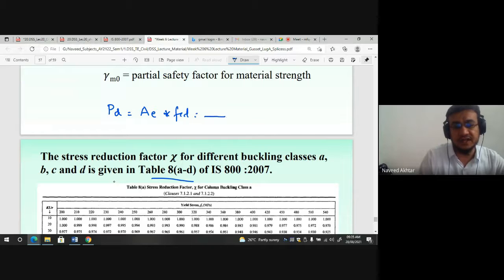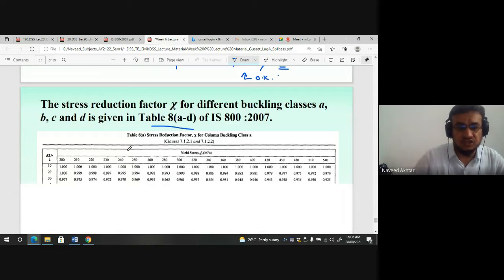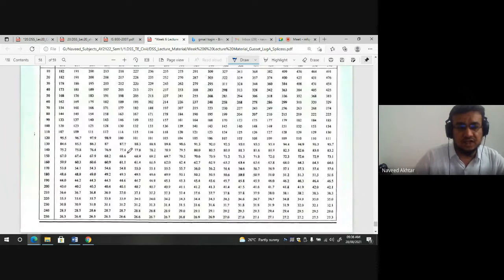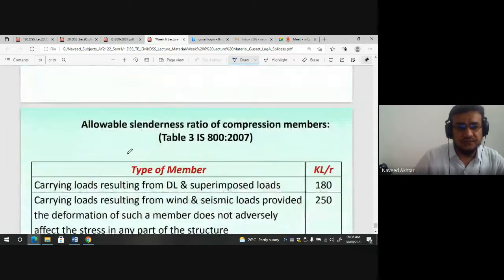Whatever value you get in Newton per mm square, that should be greater than your design compressive load, that is P. Then you can say that your section is okay. If this condition is satisfied, then your section is okay. So this is nothing but the design compression strength of your section.